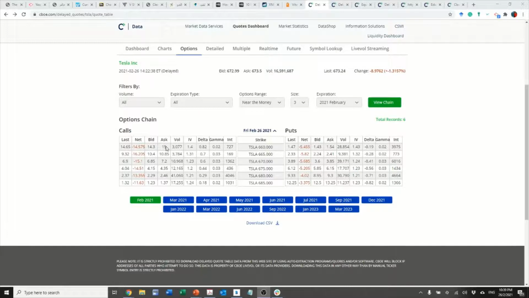The ask price is the price at which you will buy the option. The bid price is the price at which you will short or sell the option, and the same for a put option. Now, is this price for all options on Tesla stock? No, it's for a call option on Tesla stock with the strike price of 660.